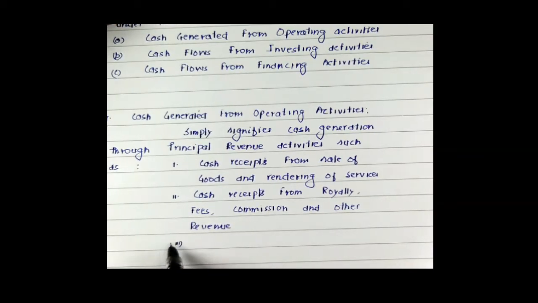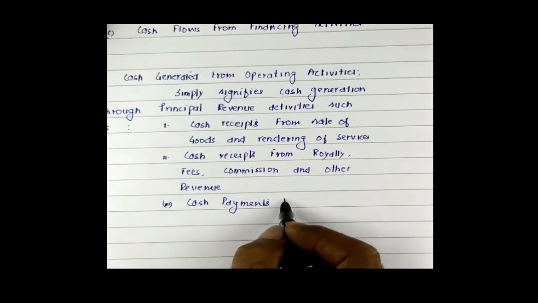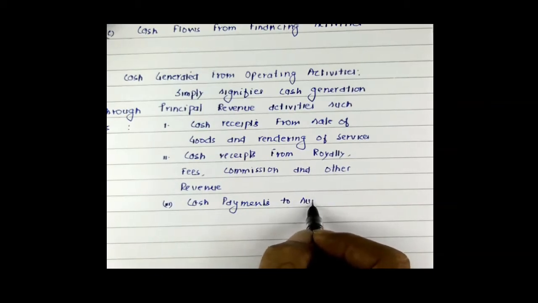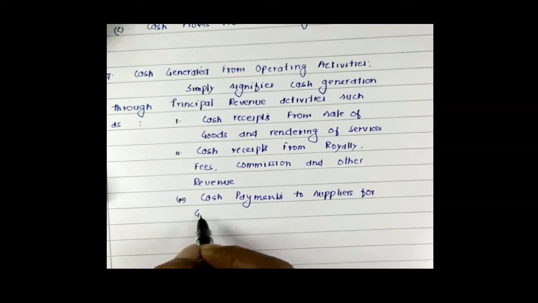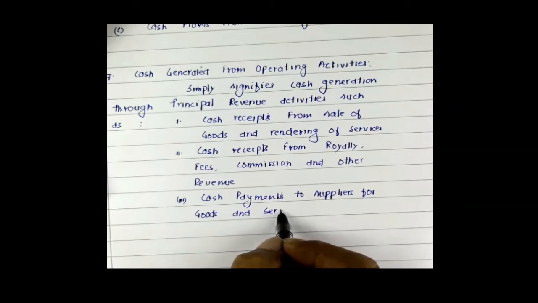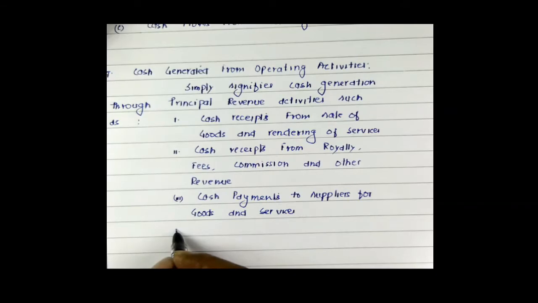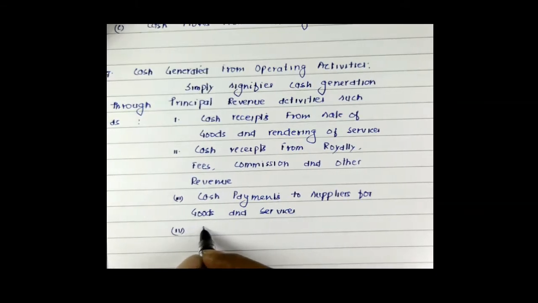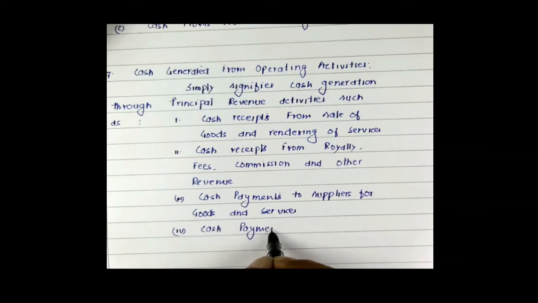Third, cash payments to suppliers for goods and services. Fourth, cash payments to employees.